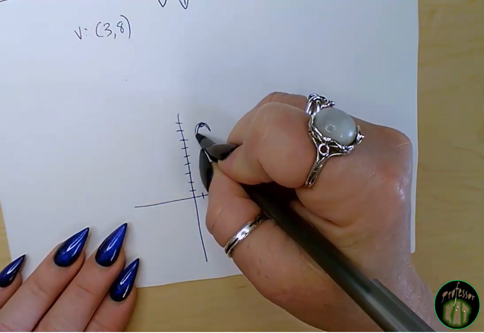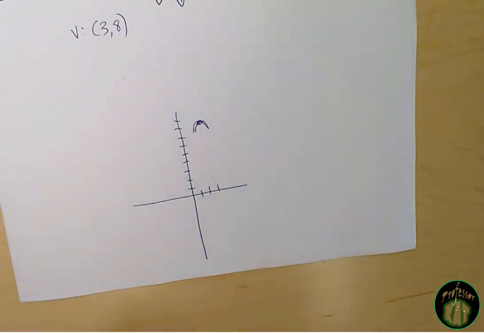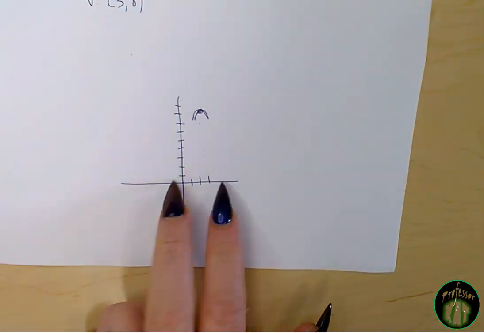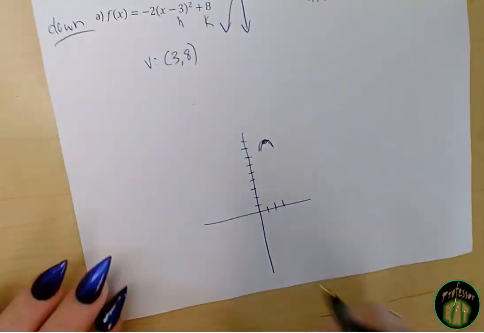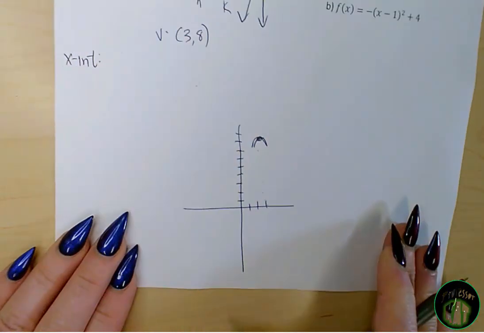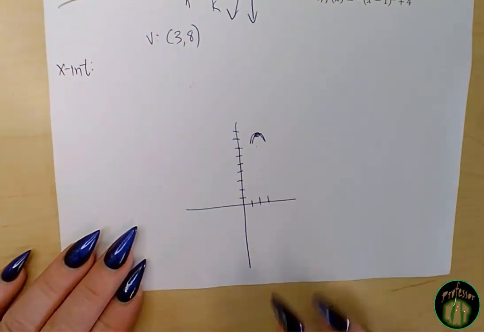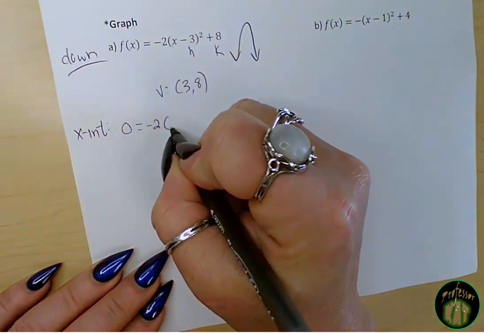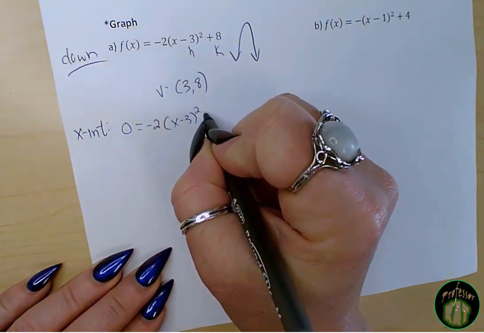We do know our graph is going to be going downwards here, but we are going to focus on finding some specific points, mainly our x-intercepts and our y-intercept. Let's start with finding the x-intercepts. In order to find the x-intercepts of any function, take your function, set it equal to 0, and solve it.